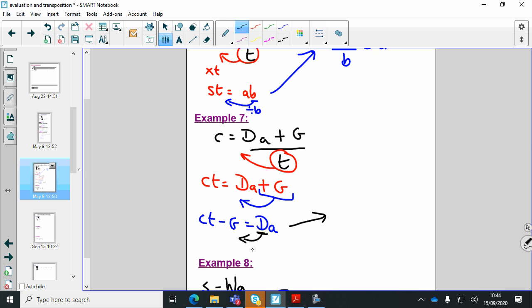Remember, we're always doing the opposite of what it's doing to the subject. So divide the whole thing by D. Okay, and now we have A the subject.